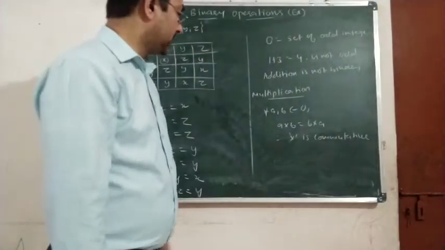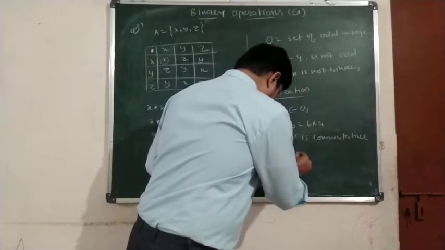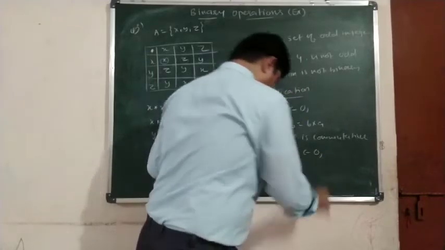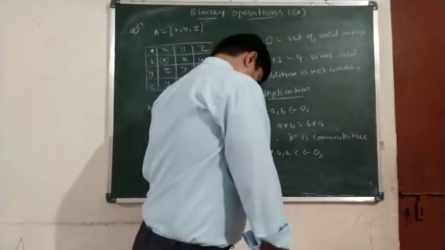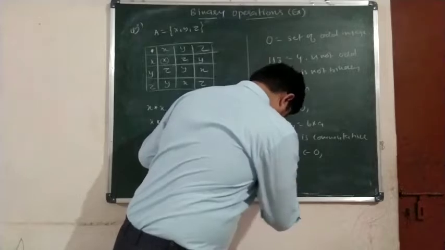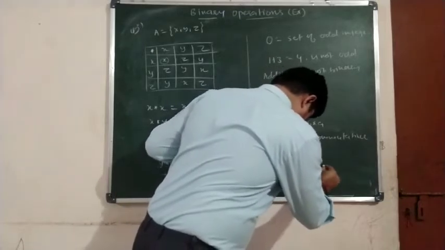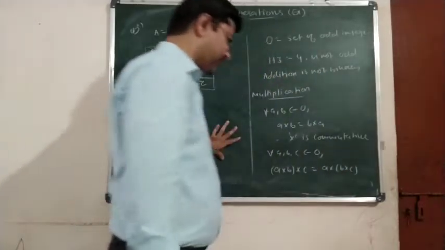Similarly, for all a, b and c belongs to O, (a multiplied by b) multiplied by c is equal to a multiplied by (b multiplied by c), we know.